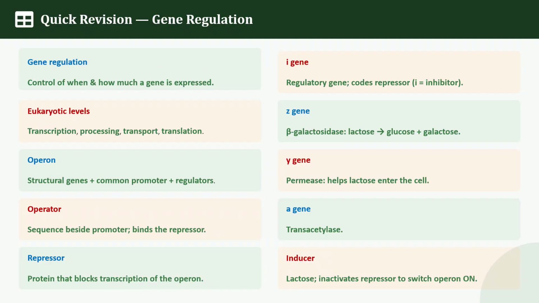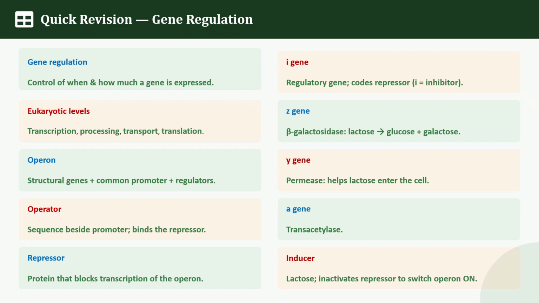So let's have a quick revision of the topic. Gene regulation is the control of when and how much a gene is expressed. The four levels in eukaryotes are transcription, processing, transport and translation. An operon is a group of related structural genes regulated together. The operator is a regulatory region where the repressor binds.